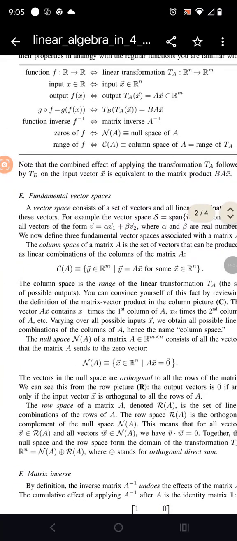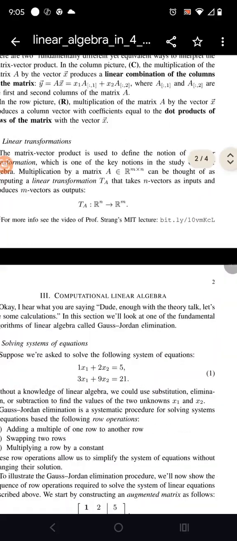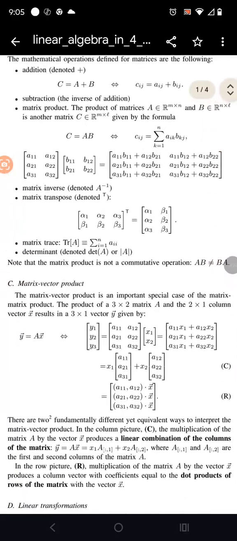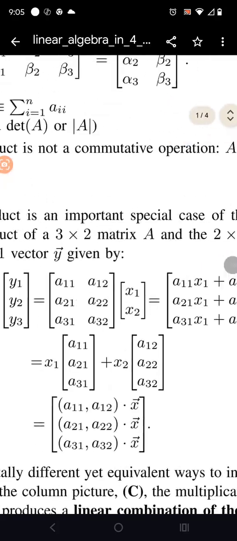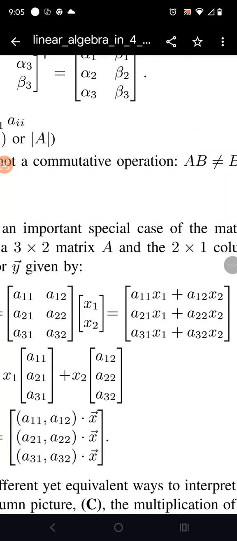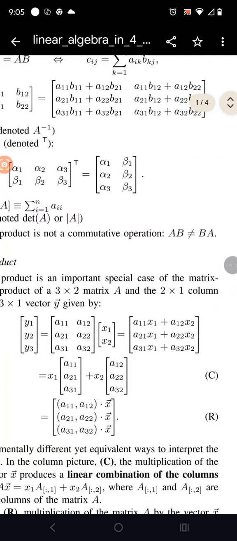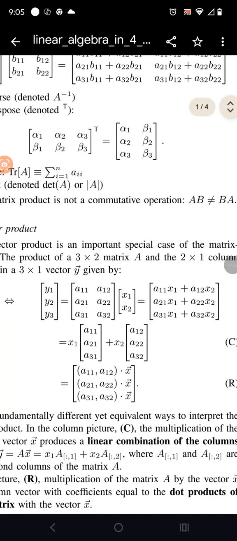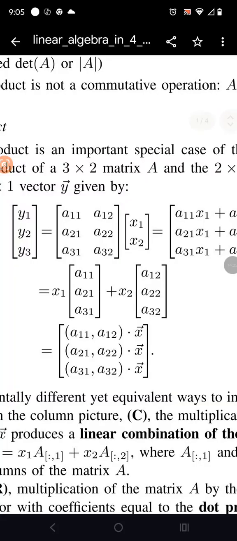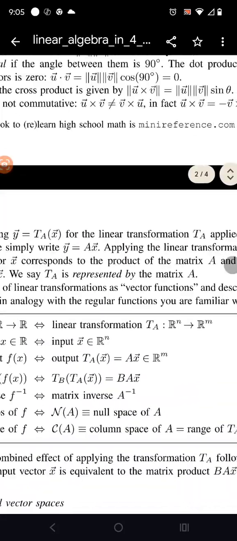For instance, the vector Ax, where x is the column vector x1, x2, contains x1 times the first column of A, and x2 is multiplied with the second column of A. So x1 is multiplied with one column vector, x2 multiplied with another column vector.